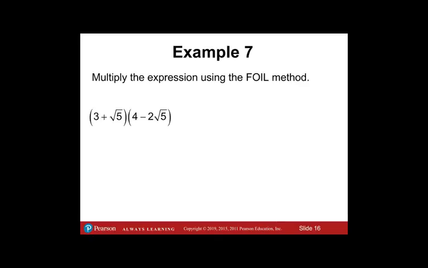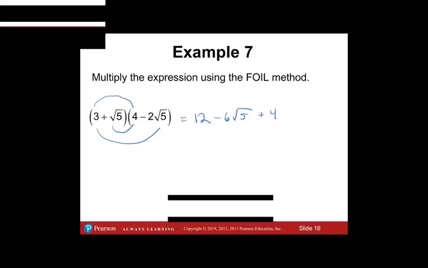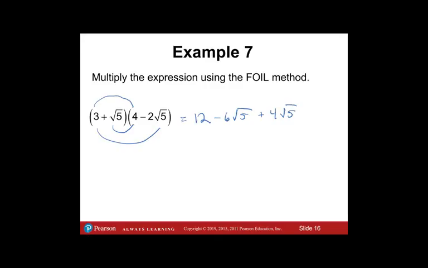So the first times the first, this times this is going to give us 12. Outer times outer, 3 times 2 is going to be negative 6 times the square root of 5. Inner times inner is going to be plus 4 times the square root of 5. And last times last, that's going to be minus 2 times the square root of 25.